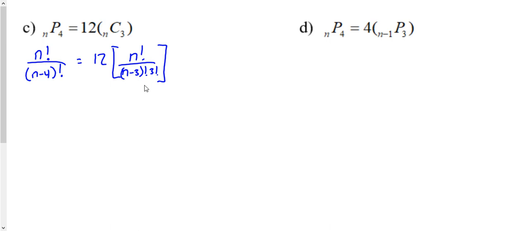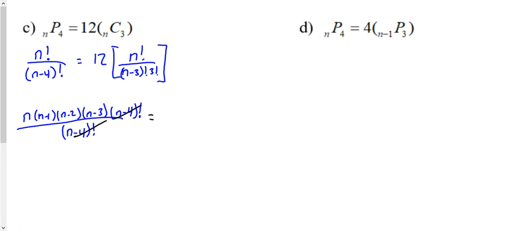From here, we can start to cancel things out and distribute out. So we have on the left n minus 1, n minus 2, n minus 3, and of course n minus 4 factorial. We're going to stop there because it's going to cancel with our denominator, n minus 4 factorial. So let's cancel that out right away. Cancel, cancel.